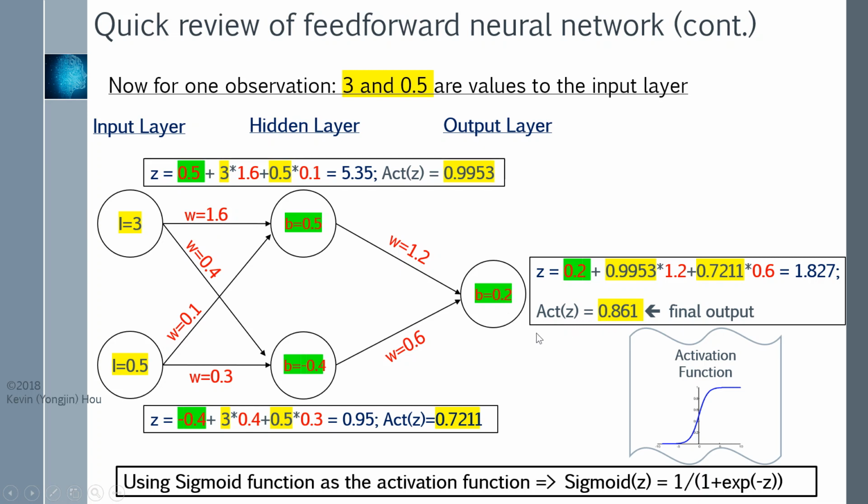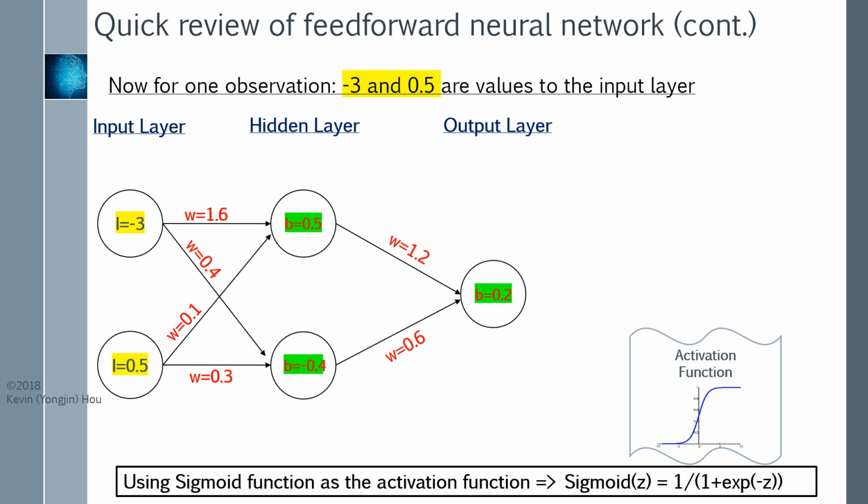In this very simple case, if we have a certain structure of weights and thresholds like this, and we also plug in the inputs at 3.5, eventually this model will project that the prediction by the model is 0.861. So we just walked through the example of feed-forward using a certain setup of the neural network and with certain specific inputs to the neural network.